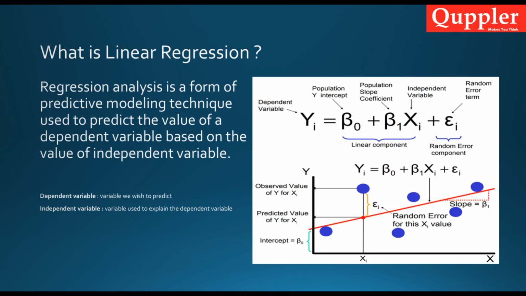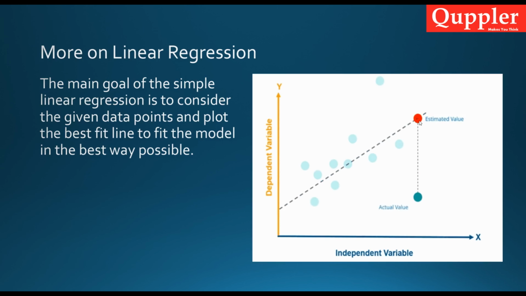Once my point is estimated, we have to find the distance between the estimated value and the actual value. The best fit line would be the one having the least error, or the least distance between the predicted value and the actual value. If not, then we need to see how we can minimize this error.